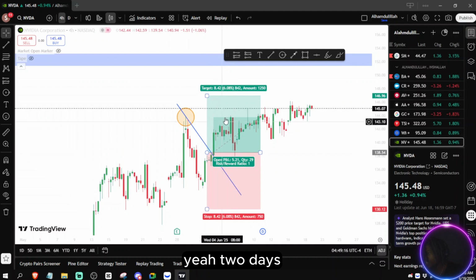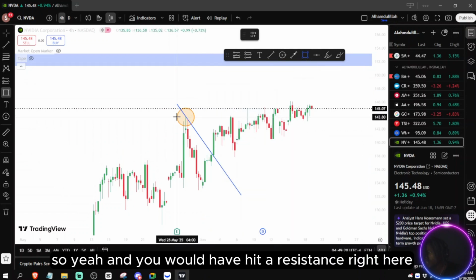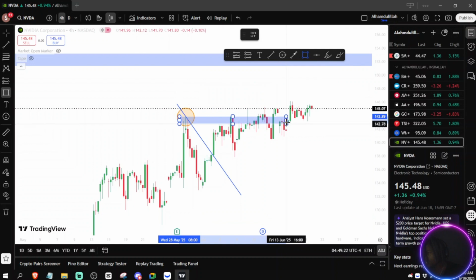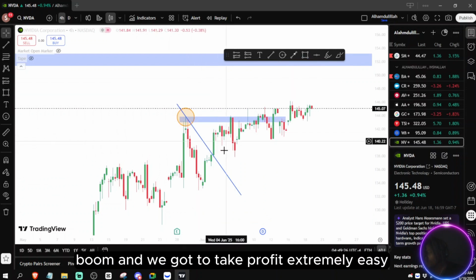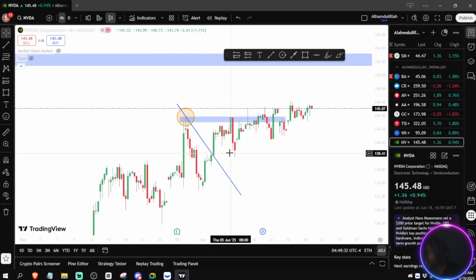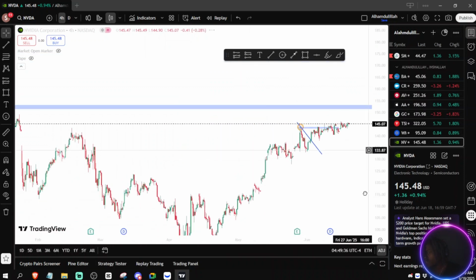You would have had a resistance right here, take profit. Once price broke the trend line, boom, we got to take profit. Extremely easy. From 138 to 143. Nice little move right there.